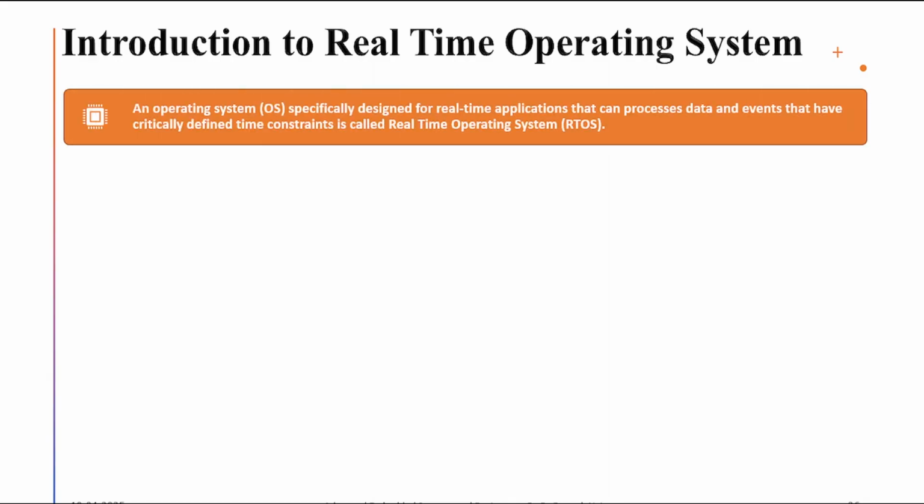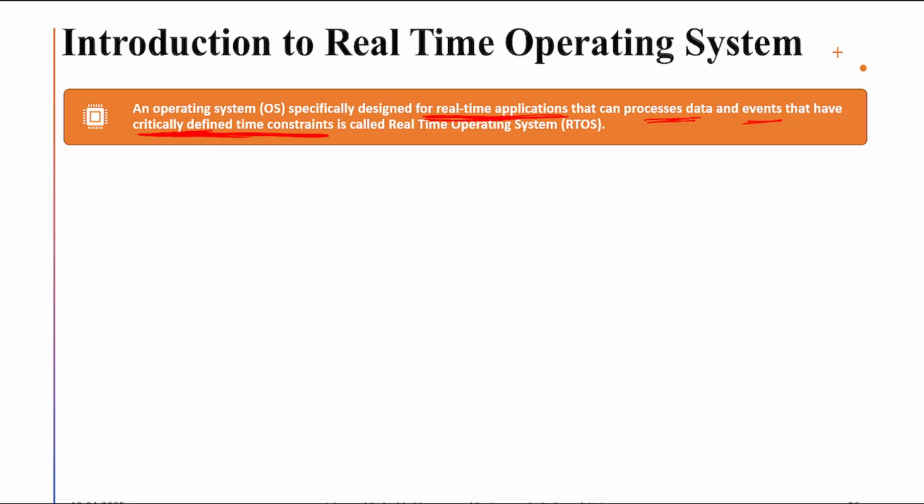Like described in the last lecture, these operating systems are specifically designed for real-time applications. So this word is very important. They are designed for real-time applications. That means they can process data and events that have critically defined time constraints.